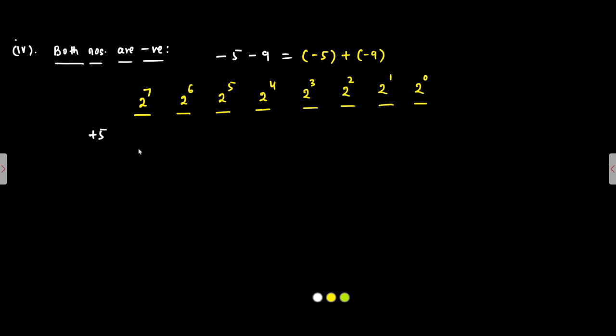Minus 5 I know, but first we will take plus 5, express it in binary form and take the 1's complement to get minus 5. So plus 5 will be 4 plus 1. So here it is 2 to the power 2 and 2 to the power 0. Here will be 1, remaining will be zeros.